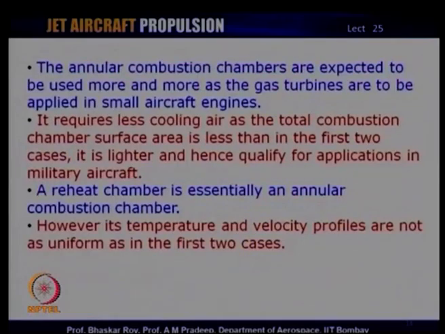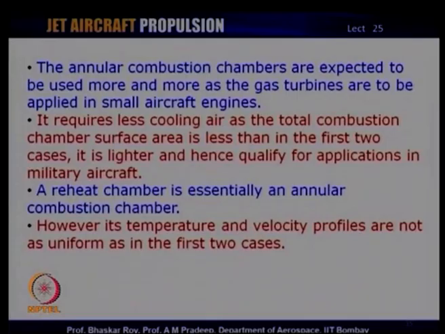The annular combustion chambers, which we have talked about, are expected to be used more and more in gas turbines in the future, because they have an easier geometry and they are used in small gas turbines even today in large numbers. The issue there is you do not have a localized or secured combustion zone or secured primary zone.